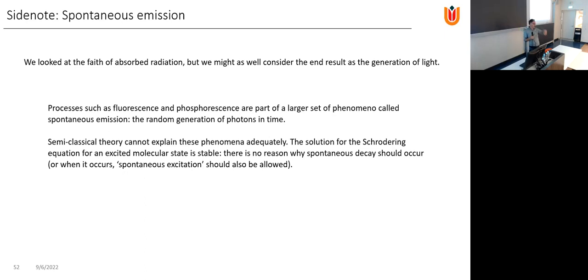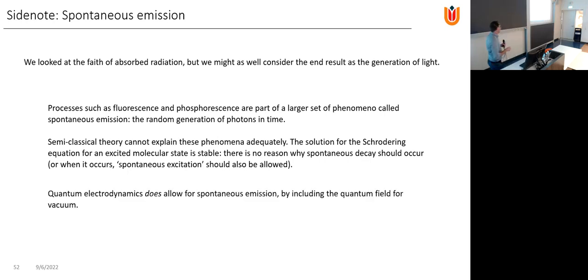So you could have emission of a photon and then go back to the ground state, but equally likely would be that you have absorption of the photon back into the excited state. So if spontaneous emission occurs, spontaneous excitation should also do that. Only when quantum electrodynamics came along could we adequately describe this process, because then you also include the quantum description of light. And then it works. But this is a brief aside.